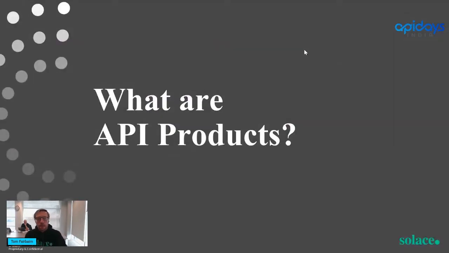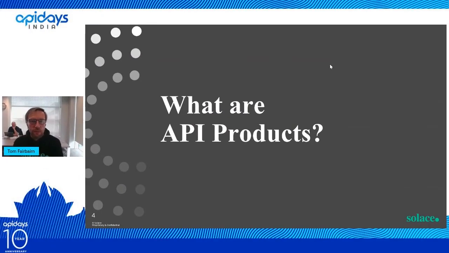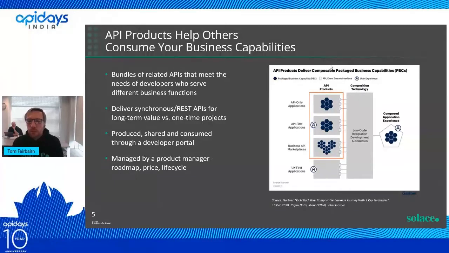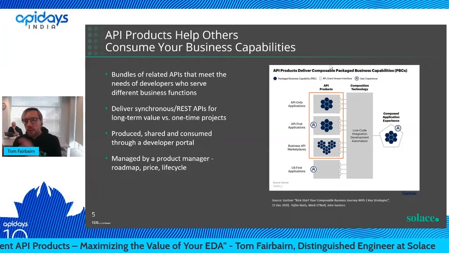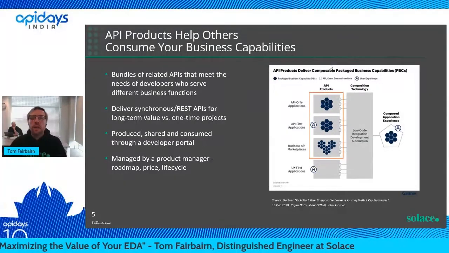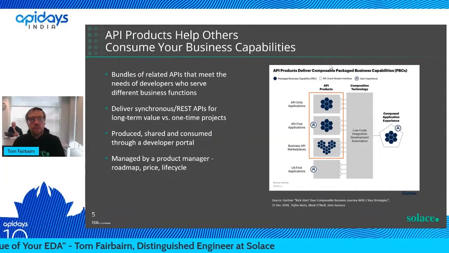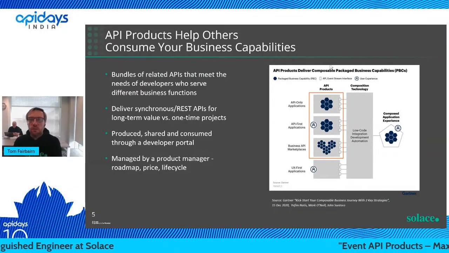Okay, so how do we tie this into the whole API products, event API products? Probably most of us know this. Certainly Gartner are very keen on this. They talk about the idea of API products delivering this idea of the composable enterprise, right? Where you're able to put together subsystems to create some kind of business interface.